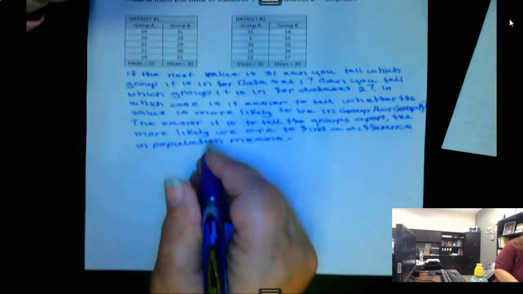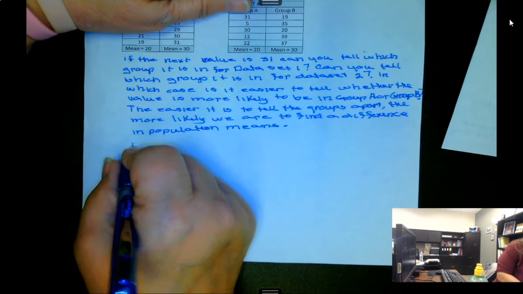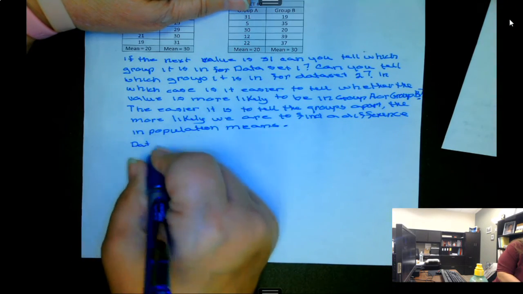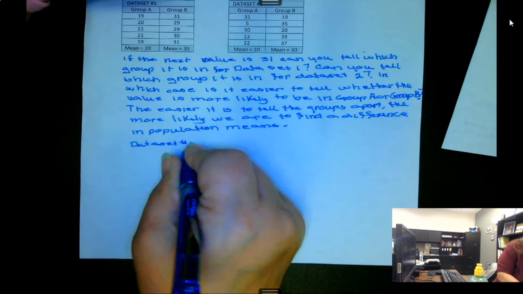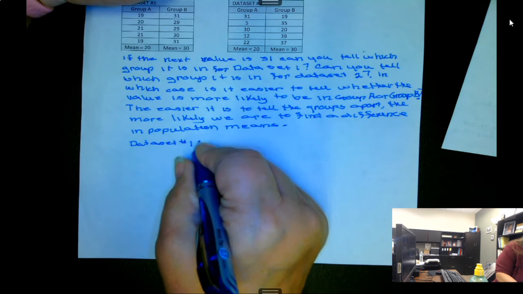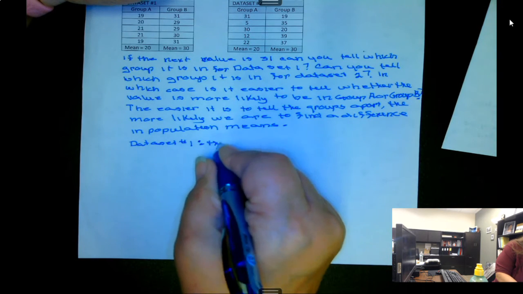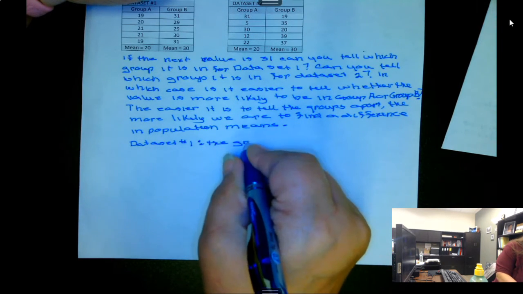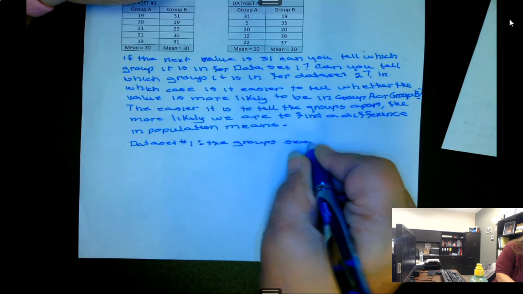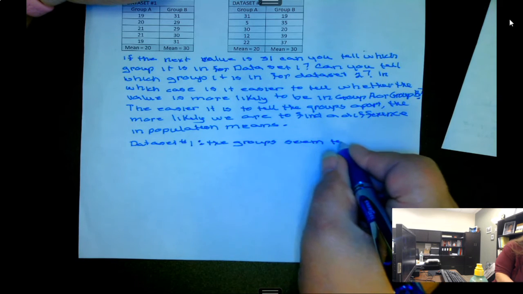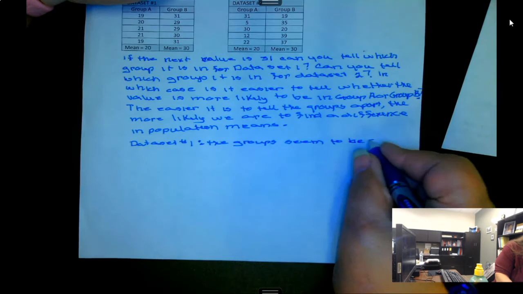So let's look at them. So we're going to look at data set 1. So the groups or populations seem to be clearly different.